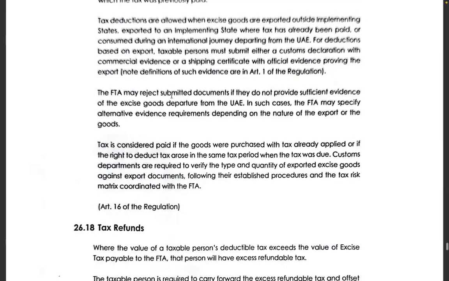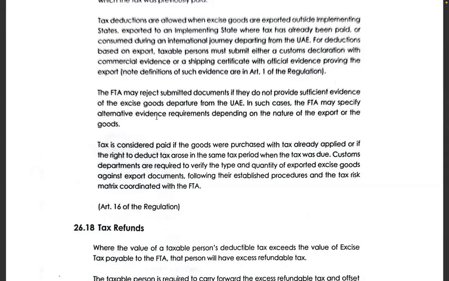The FTA may reject submitted documents if they do not provide sufficient evidence of the excise goods' departure from the UAE. In such cases, the FTA may specify alternative evidence.